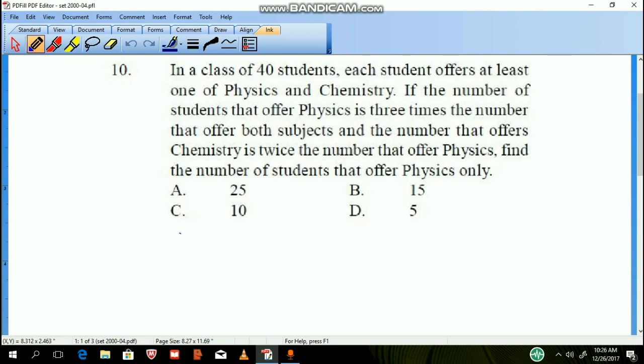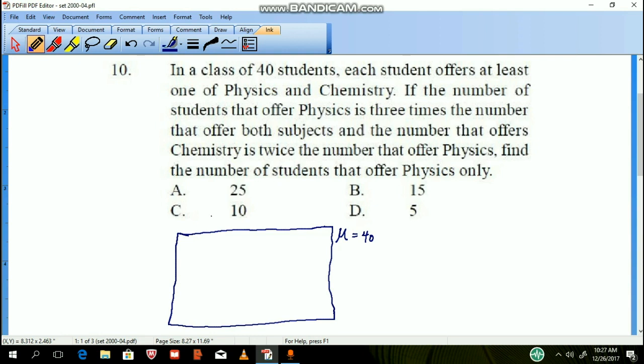Let's try to draw that right somewhere around here. If this is the Venn diagram, in a class of 40 students, each student offers at least one of physics and chemistry.